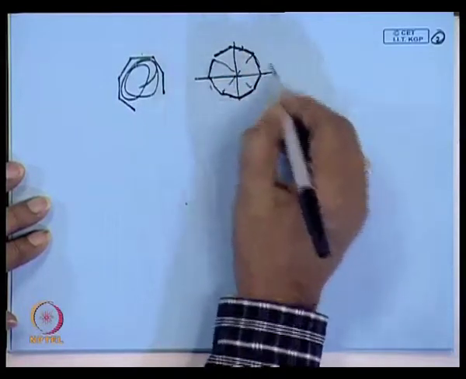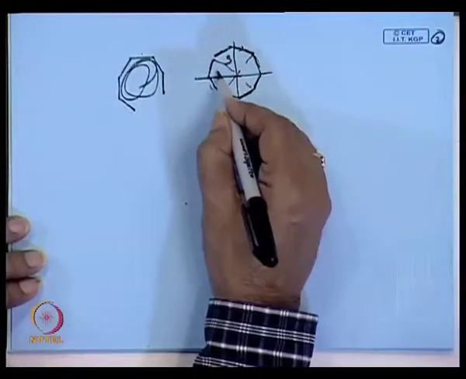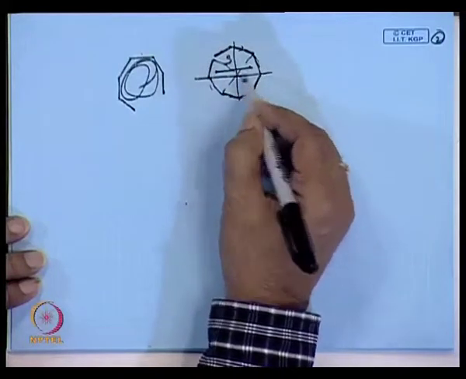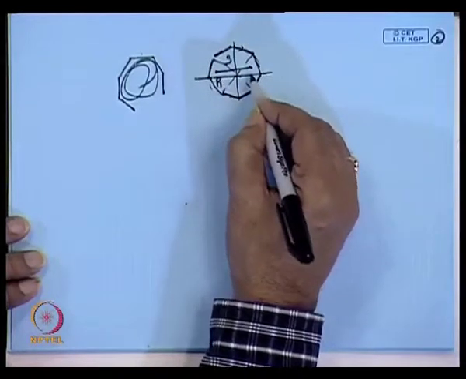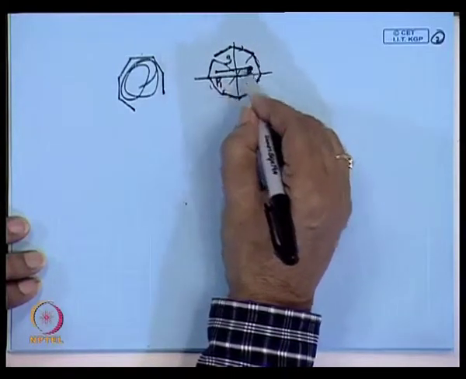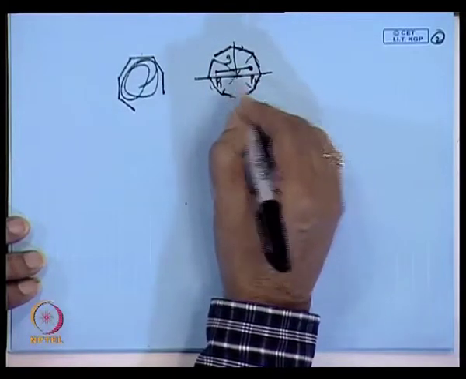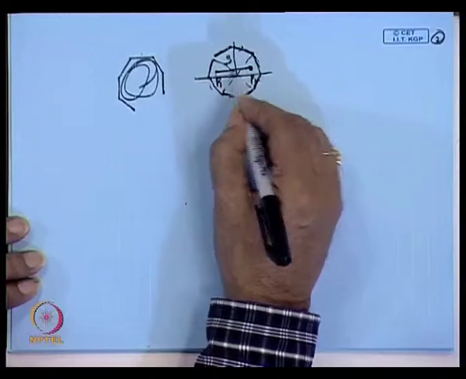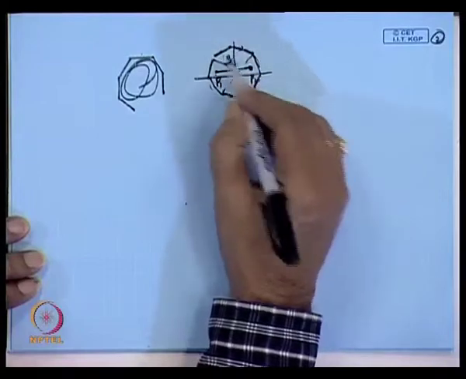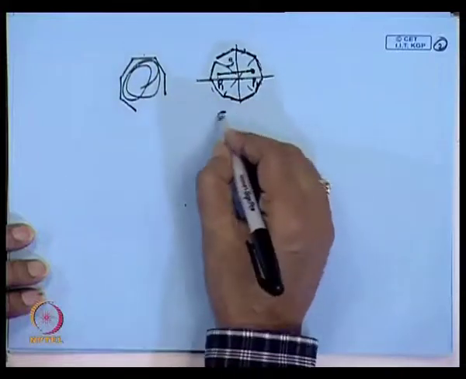If this octagon belongs to a set S, take any two points on it, let us say P1 and P2, and join them together. Any point on this line segment between x1 and x2, or P1 and P2, belongs to that set. Then it is a convex set. So, an octagon of this nature is a convex set.